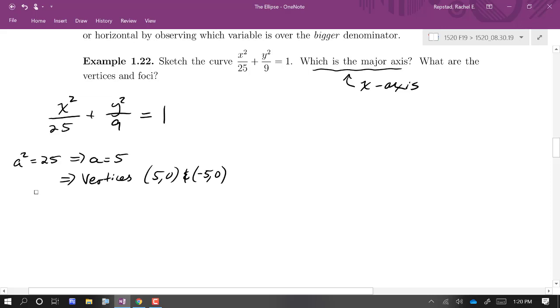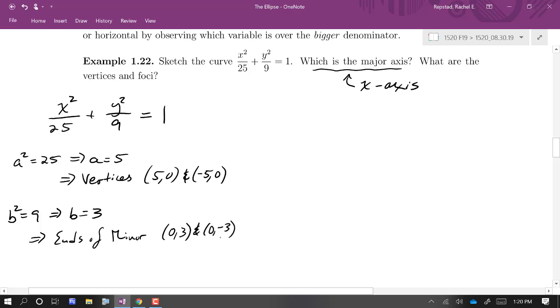What's the value that we're looking for? That's b. B, right, yep. So I know that b squared is 9, which means b is equal to 3. And so the ends of the minor axis are at (0, 3) and (0, -3).